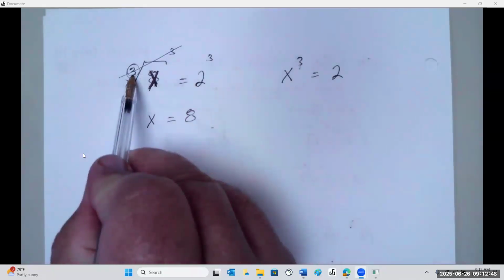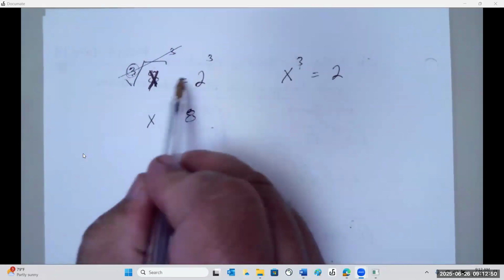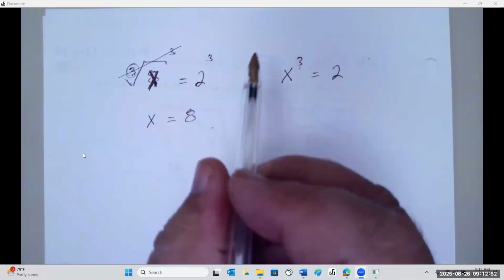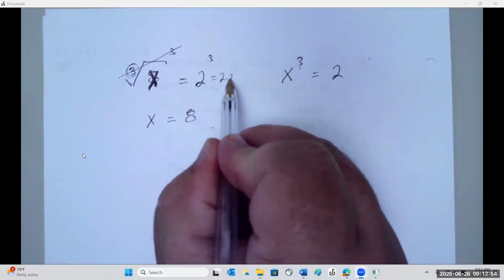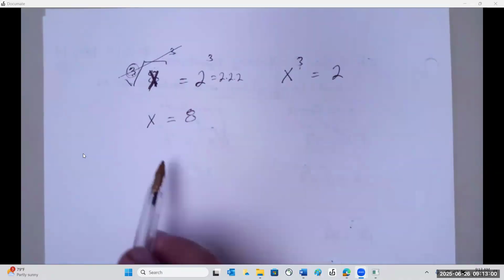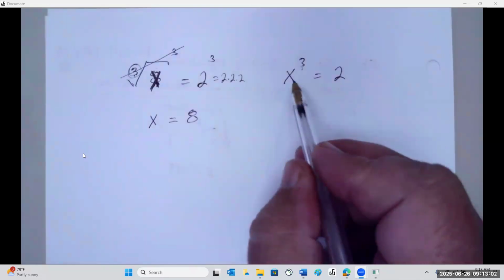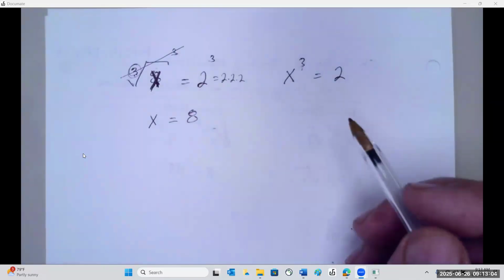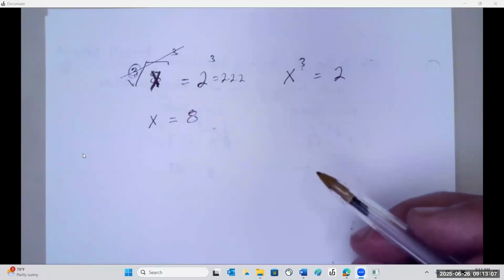If we have a cube root, then we have to cube it to get rid of it. So we have to put a cube in here. This is 2 times 2 times 2, which is 8. And on the other side, if I have x cubed equals 2, how do I solve for x?